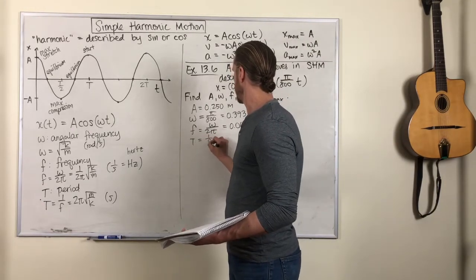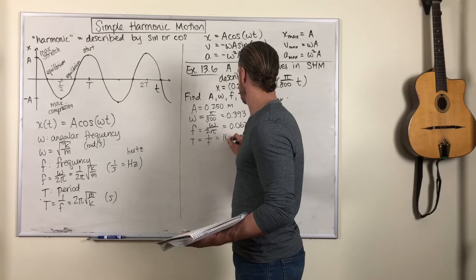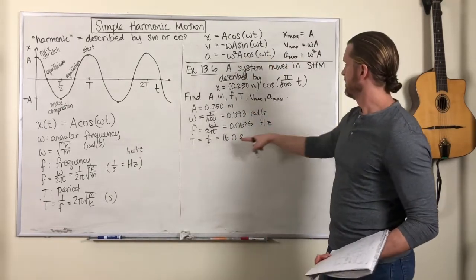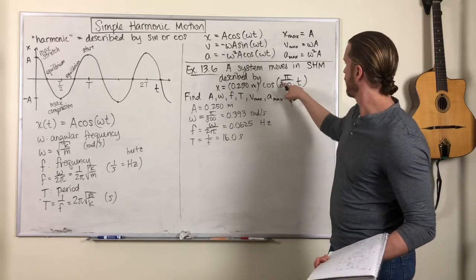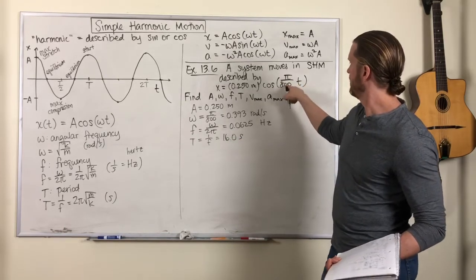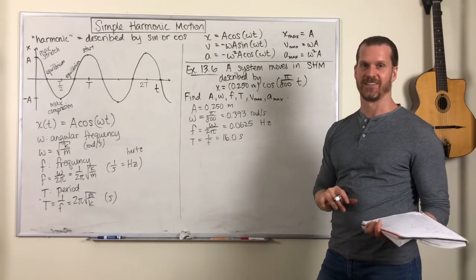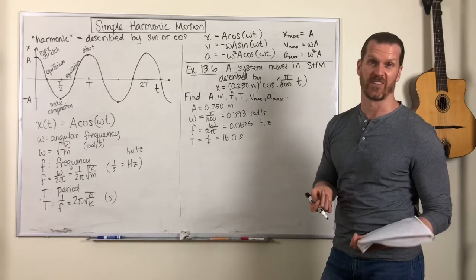Period is 1 over frequency, or 16 seconds. So we can now see that writing omega this way was a way of saying that the period of the system is 16 seconds.